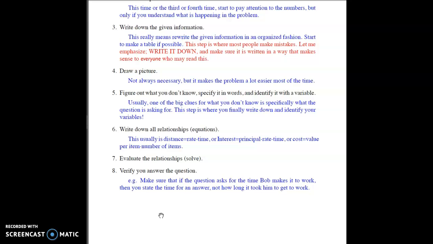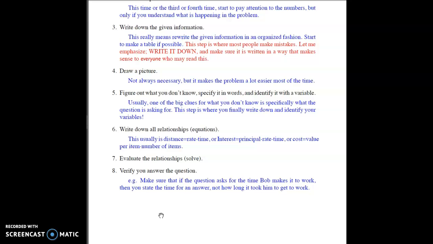Check it for accuracy, number 1. Does your value make sense? If they're talking about the speed of a runner in a race, and you come up with 283 miles an hour, you might want to go back and double check your math on that one.